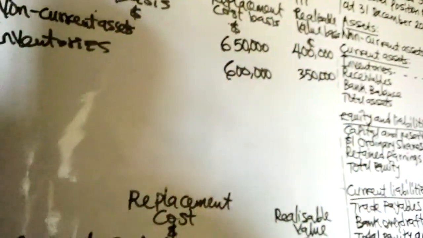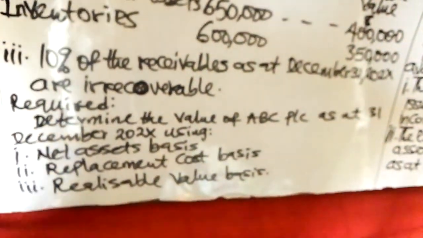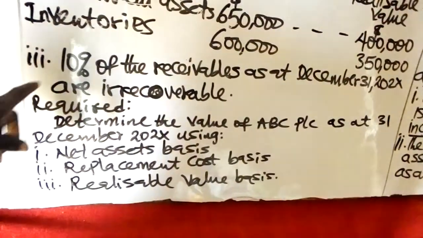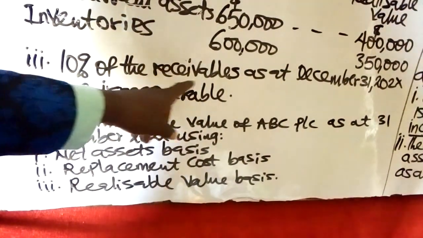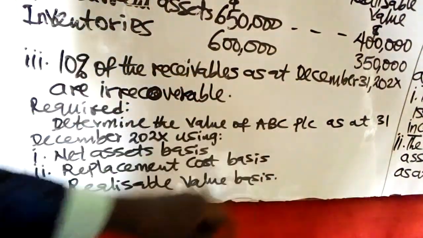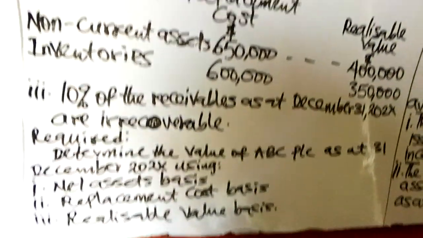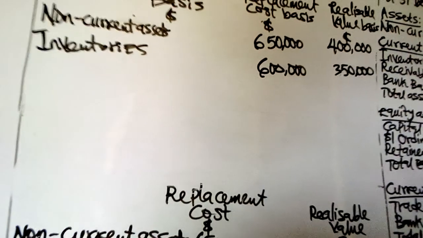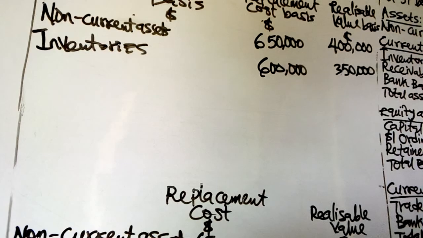You put that 350,000 under the realizable value. So note 3, you were told that 10% of the receivables as at 31st December 2022 are irrecoverable.